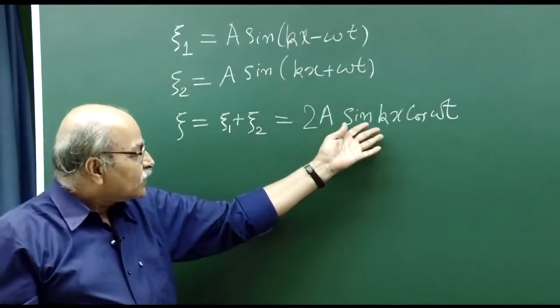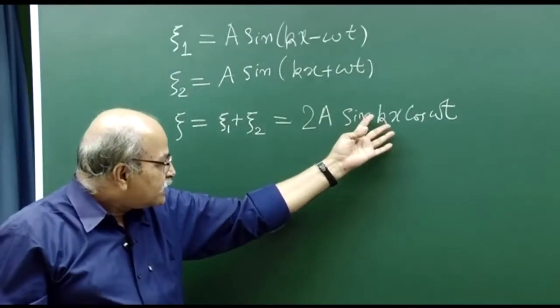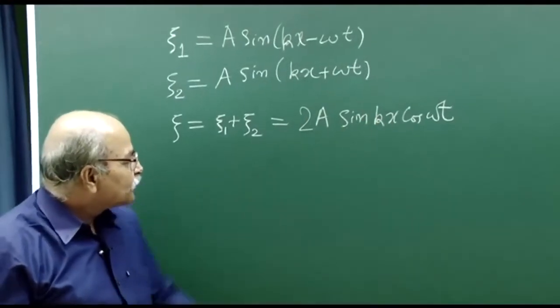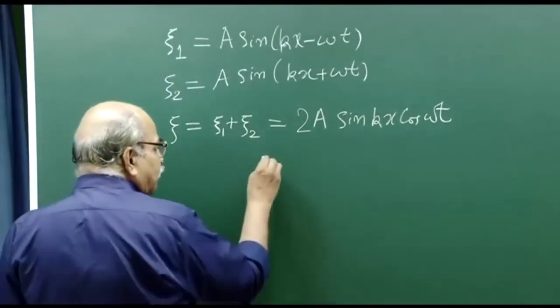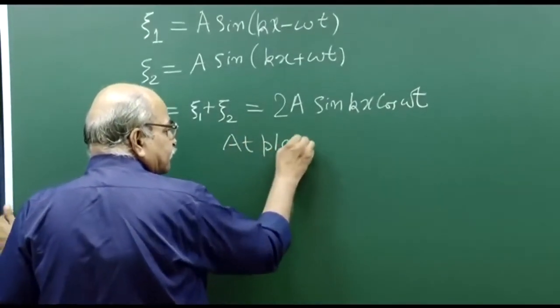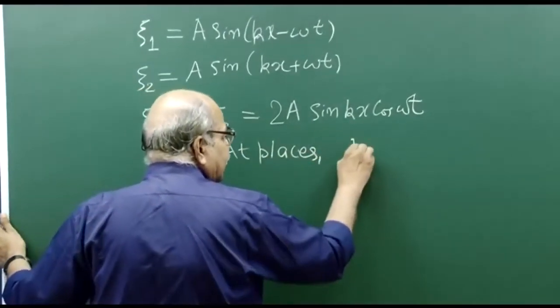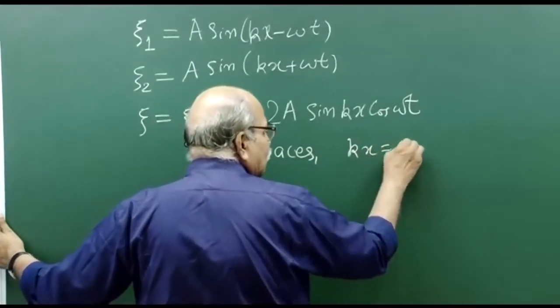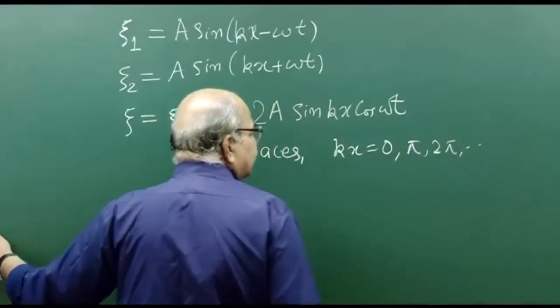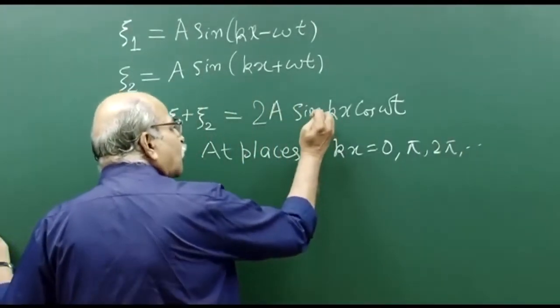But at places where kx is 0 or an integral multiple of pi, so where kx is equal to 0, pi, 2 pi, at these places this is always 0.